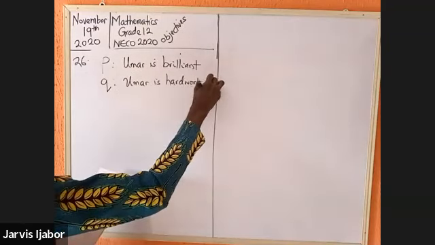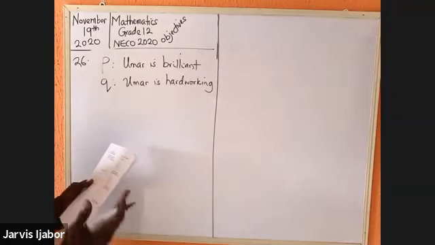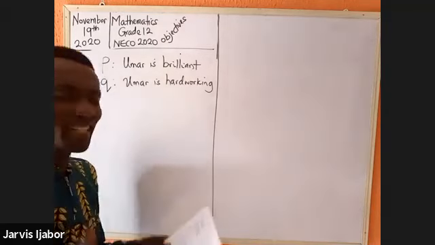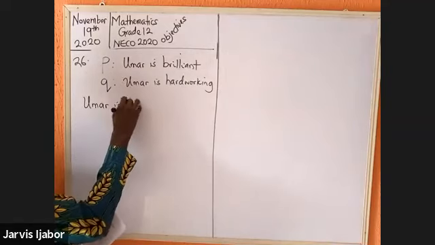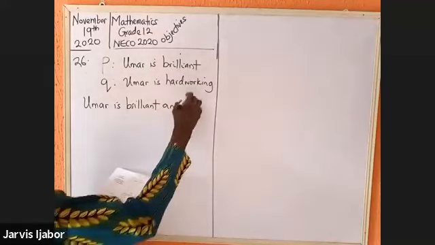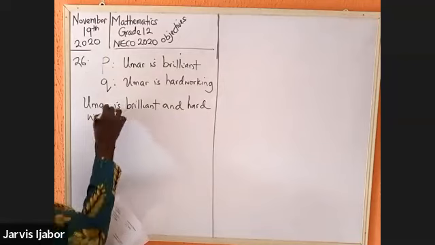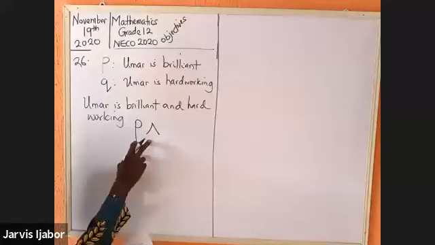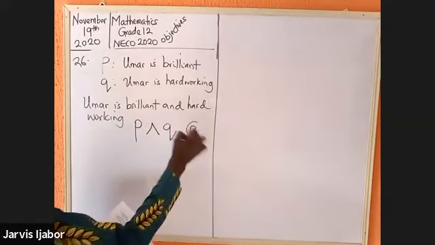Which of the following symbolic forms represents the statement, Uma is brilliant and hardworking? That will be P and Q. This is how we write "and" in logical reasoning. So the answer will be B.